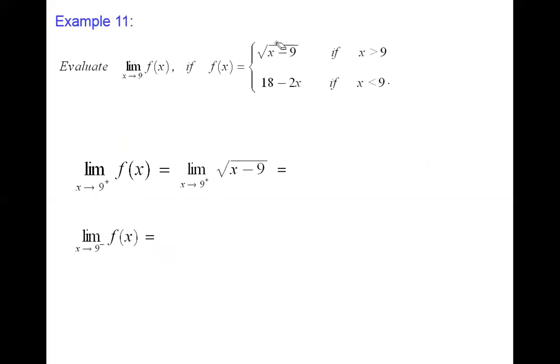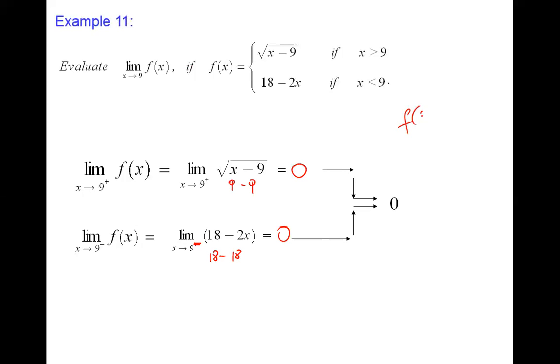On the right-hand side, the formula is square root of x minus 9, and on the left-hand side it's 18 minus 2x. Substituting 9, we get 9 minus 9, which is 0, and 18 minus 2 times 9, which is 18 minus 18, is 0. That means both of the limits are 0, then the whole limit is 0. But please remember, the value of the function is not defined, it doesn't exist.